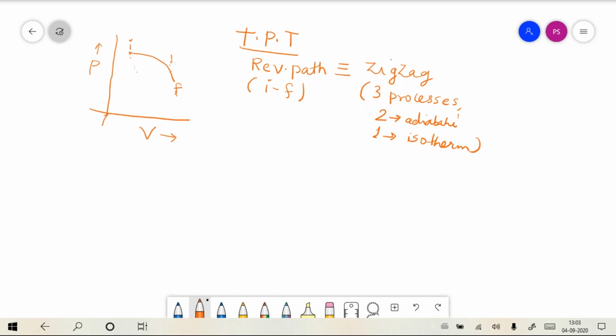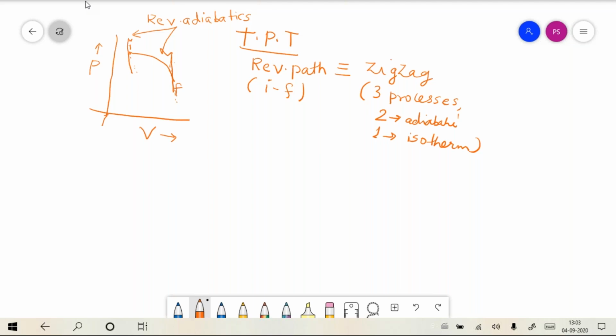These two which I have drawn are reversible adiabatics, and you see that I have drawn them parallel, making use of the fact that two reversible adiabatics cannot intersect with each other. What I have drawn is two reversible adiabatics, and they are drawn at the ends, that is at the state I and state F.